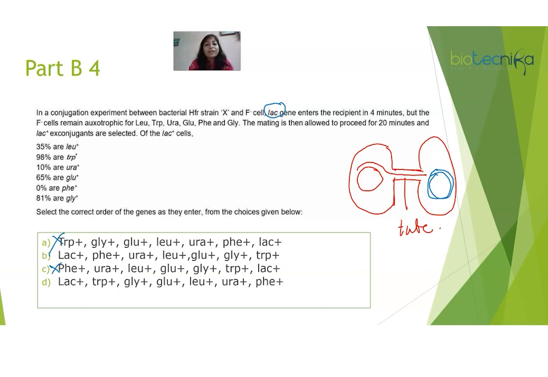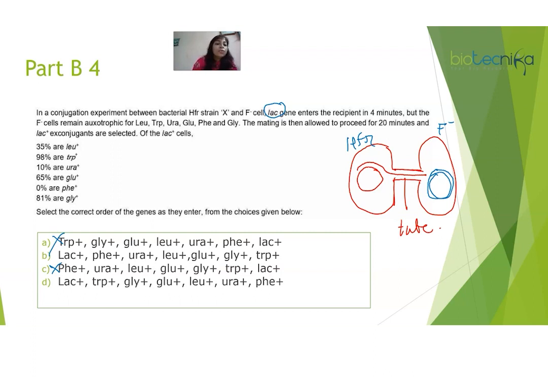So the farther the genes are from the origin of transfer, the lesser the chance of getting a recombinant of that particular marker, because there is less chance that the marker will be transferred from the HFR cell to the F- cell. And the closer the genes are to the origin of transfer, the more is its chance to get transferred.